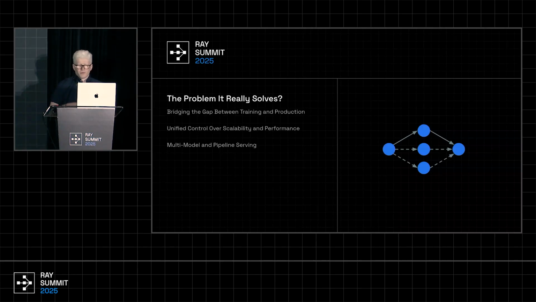Today's AI inference workloads are moving away from the single API, single model paradigm to a single API needing inferences from multiple models or a chain of models. Serve exposes a clean API for expressing model composition, which is intuitive and easy for a developer to understand.